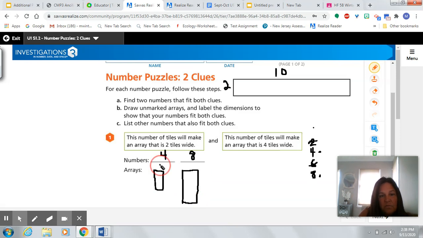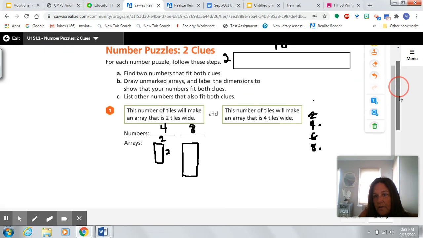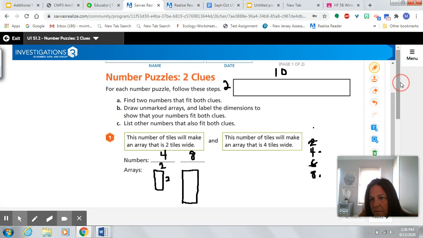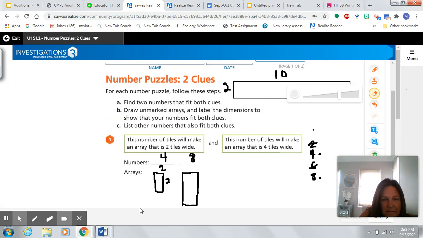So this array, oh boy, this should be a square, shouldn't it? That does not look like a square. 2 by 2. Let me grab that eraser. Okay, so let me just erase part of this. There we go.